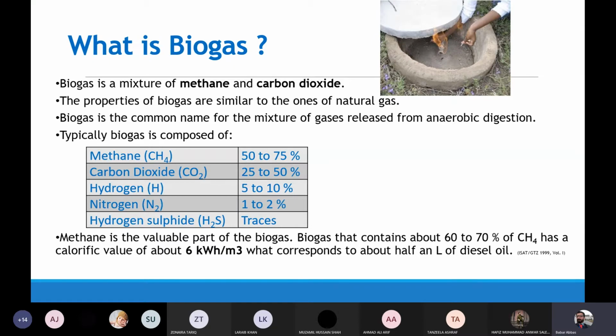Typically, biogas is composed of the following constituents. For example, we have a range of different constituents, and the total sum of all these constituents must be 100. Methane is almost 50 to 75%. Carbon dioxide is 25 to 50%.